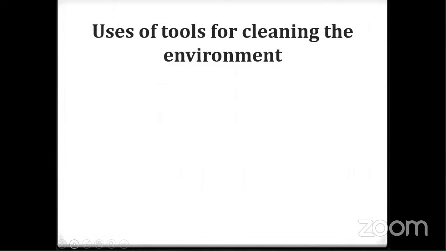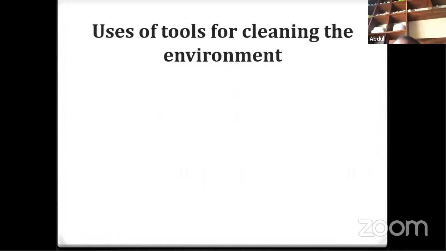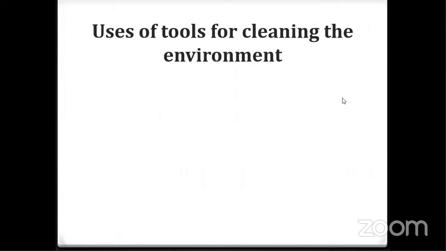So let's look at these things. Linus, read first this heading. Uses of tools for cleaning environment.